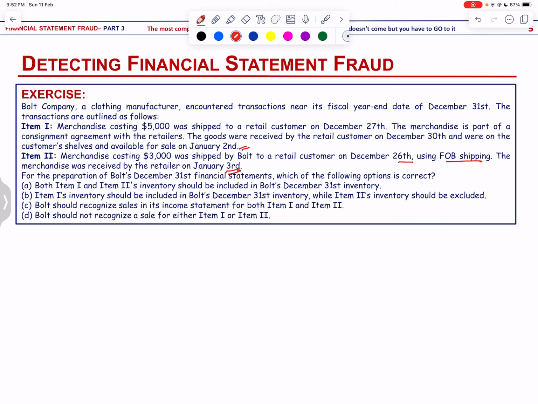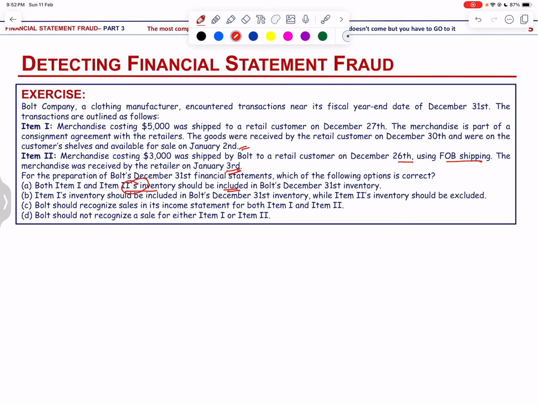So, option A, both item 1 and item 2 inventory should be included in Bolt's December 31st inventory. So, option A is incorrect because item number 2 inventory has indeed passed from Bolt to its customer.